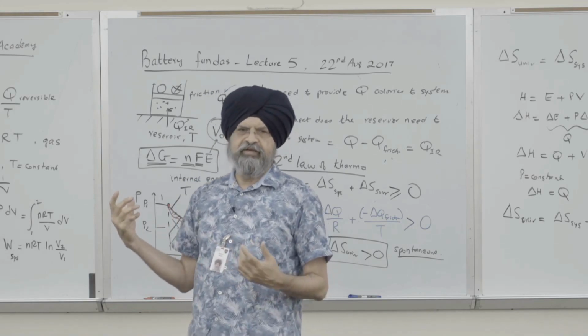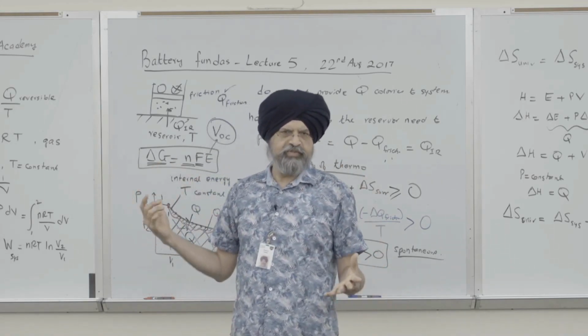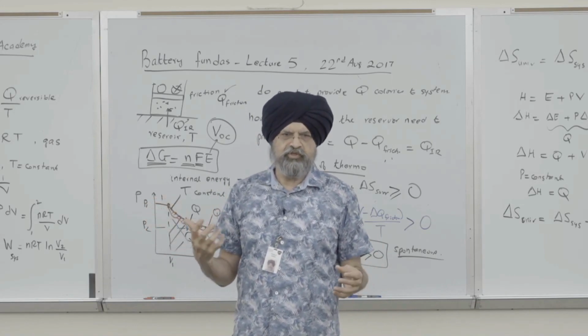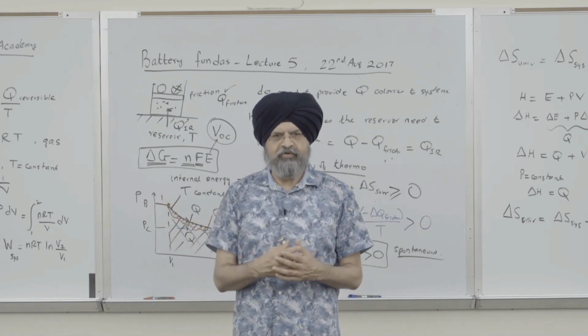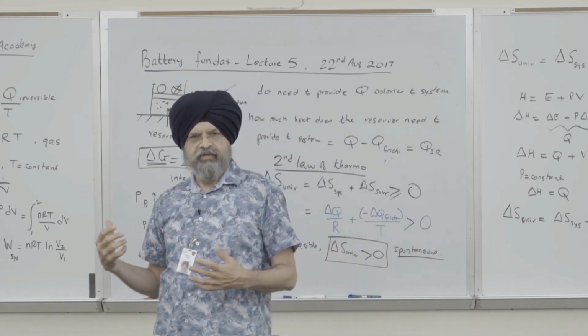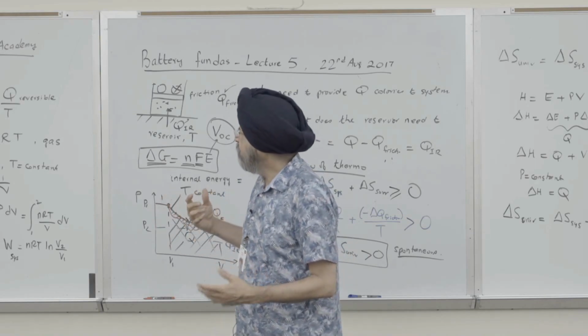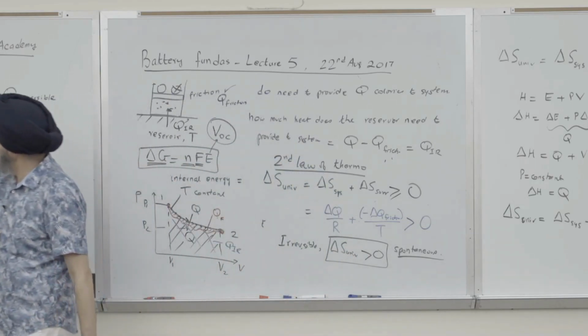We already did, why does gas cool down when you expand it? And we used the first law. So to explain why heat flows from hot to cold, you use the concept of entropy. You use this kind of idea.